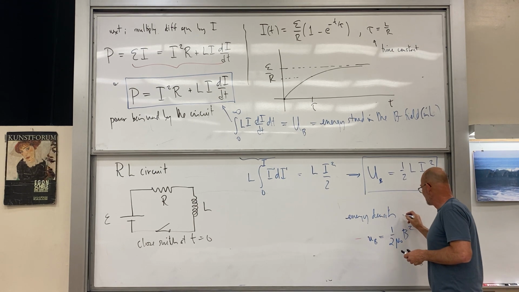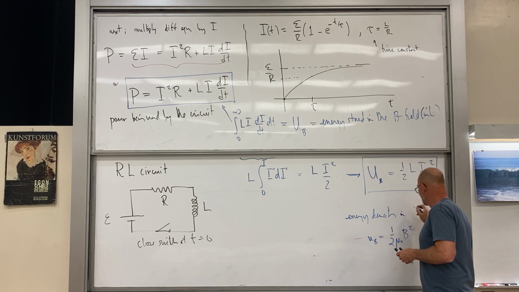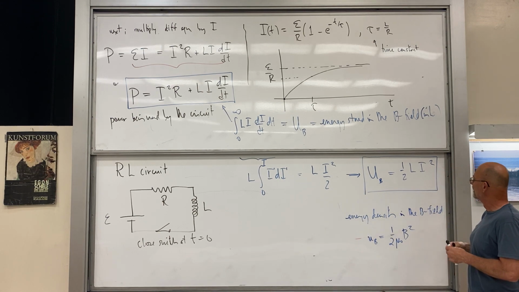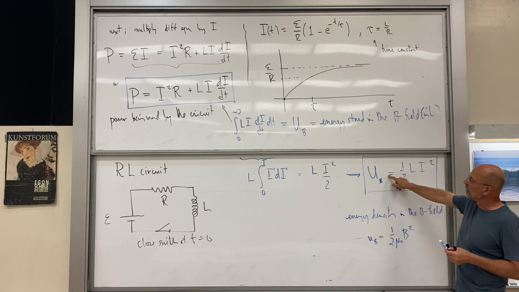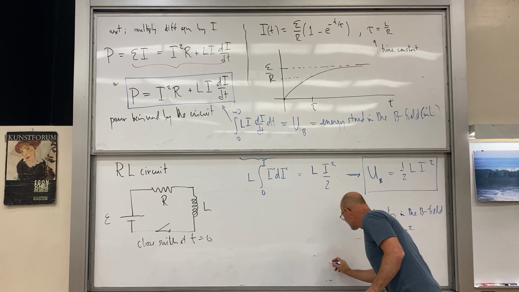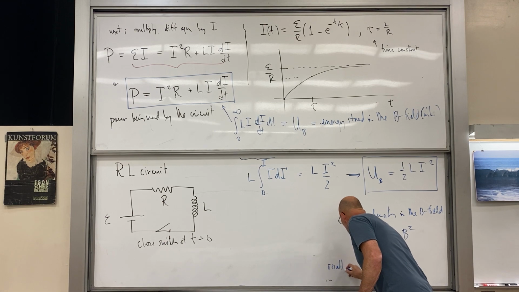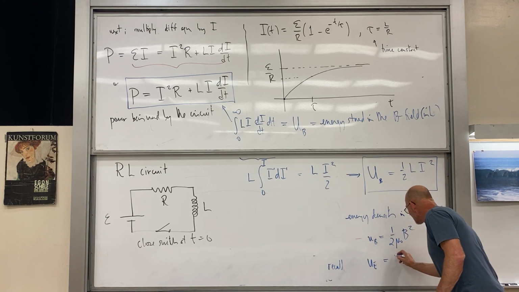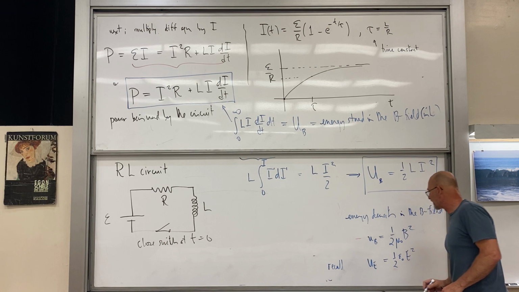Energy density in the B field. Good. We're actually going to continue using this though for our next project. Actually, let me even add here, recall energy density stored in the E field was 1/2 epsilon naught E squared.